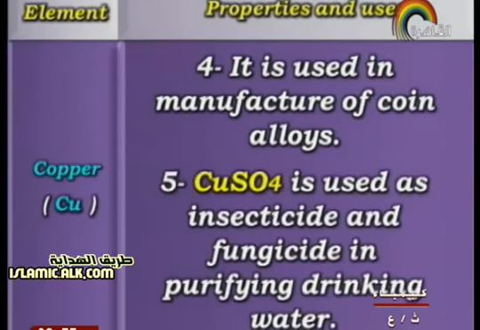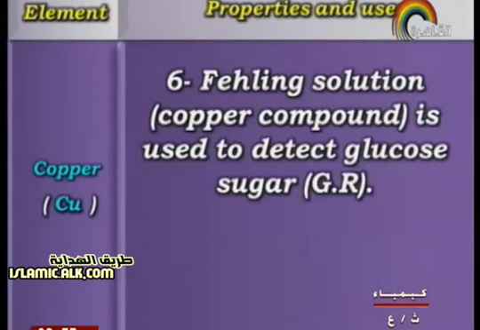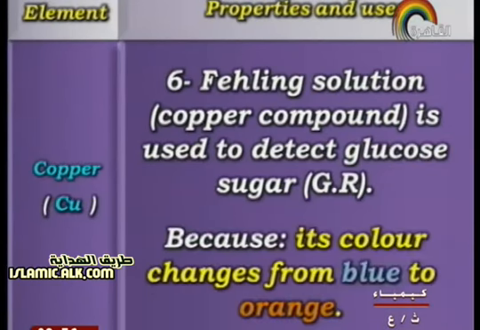The copper compound copper sulfate is used as an insecticide and fungicide and in purifying drinking water. My dear students, we took copper sulfate and manganese sulfate as fungicides. Now the copper compound Fehling's solution is used to detect glucose sugar. Why? Because its color changes from blue to orange, indicating the presence of glucose sugar in the blood.